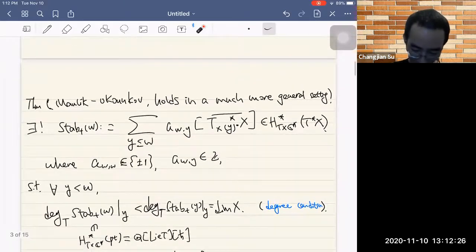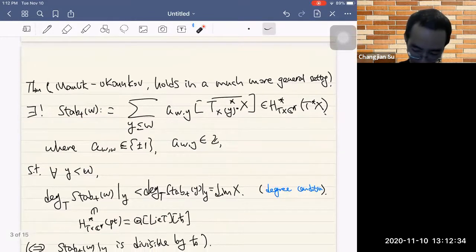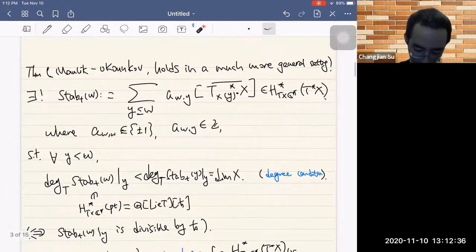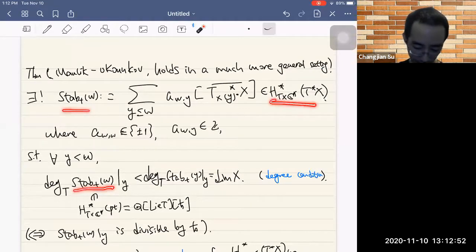Okay, so what are the properties of these classes? The defining property is called the degree condition. So w corresponds to some fixed point, and if we pick some smaller element than w, we can pull back this cohomology class to these smaller fixed points.